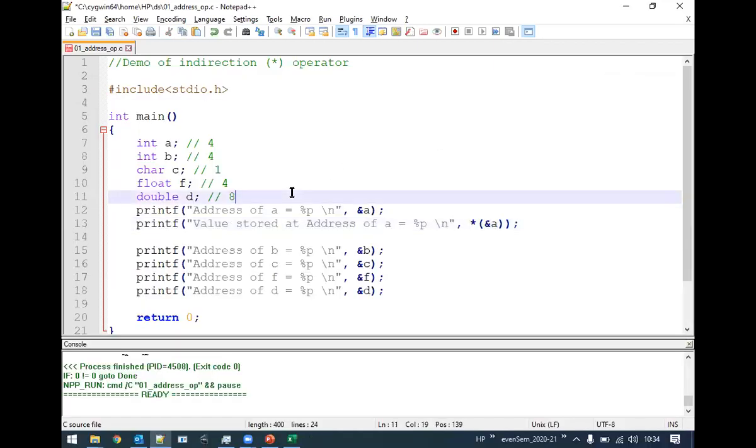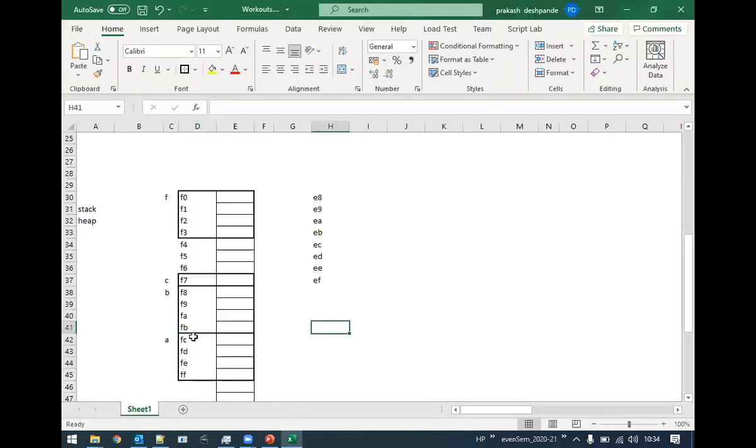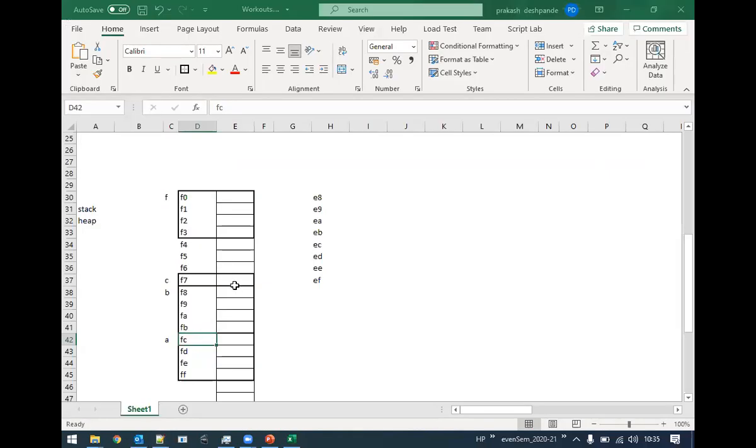When we executed the program, we got the address of A as FC, right? Suppose I have initialized it with 10, what will happen in this particular block? 10 will be updated. Now, value at this particular address FC means what?